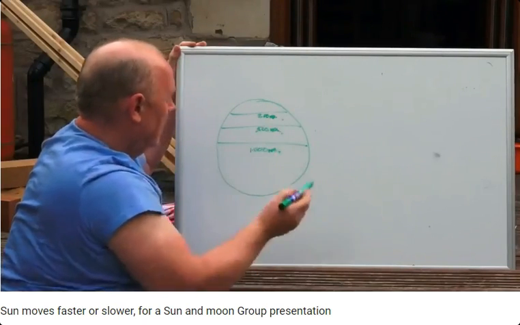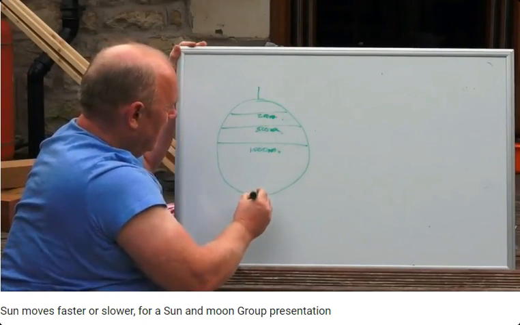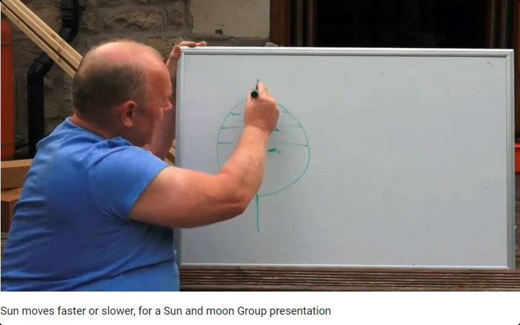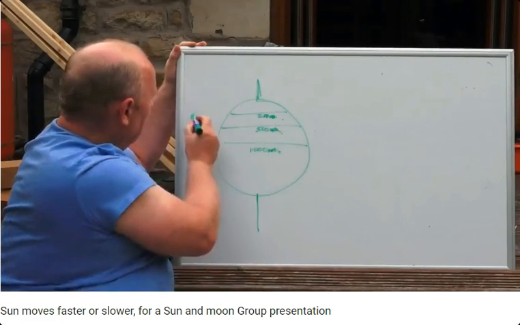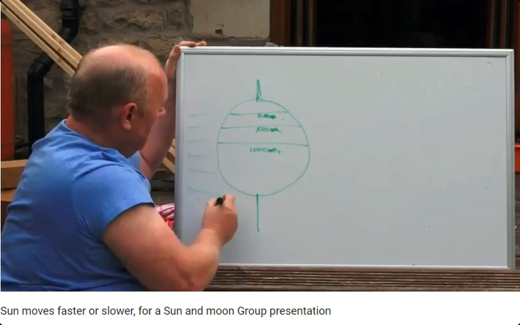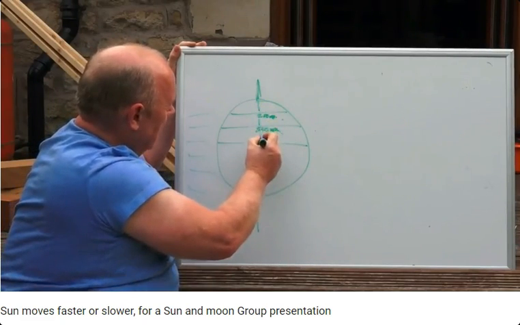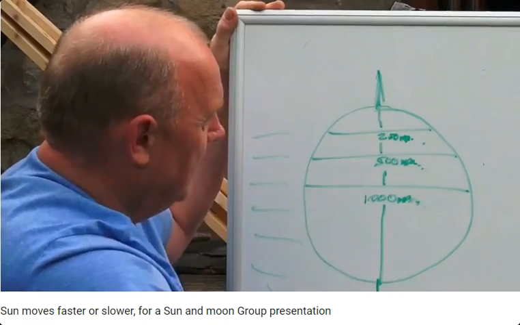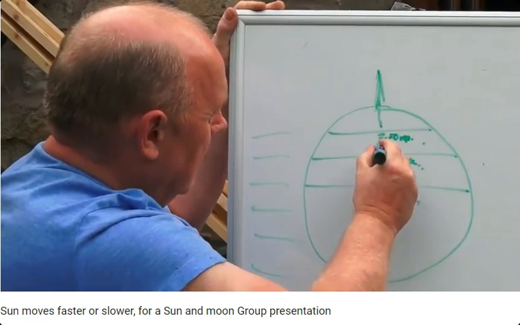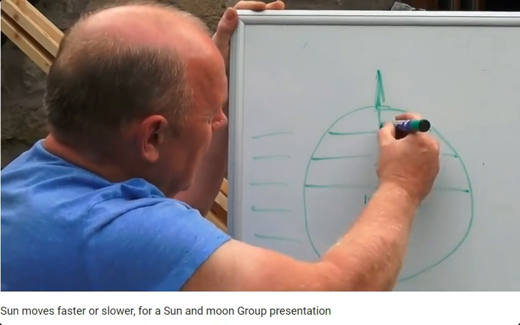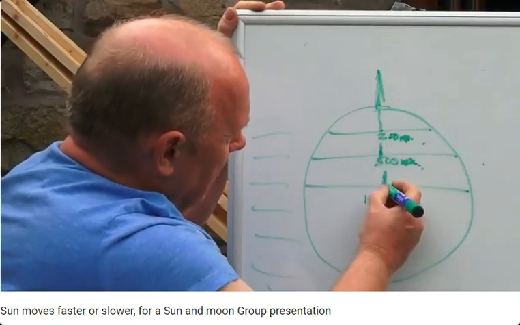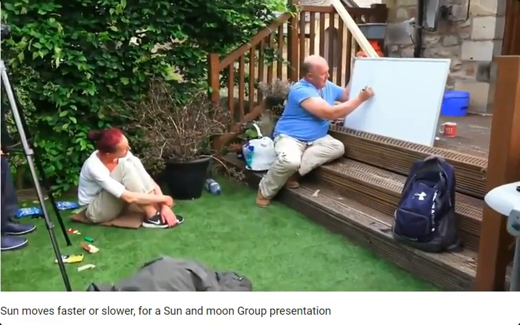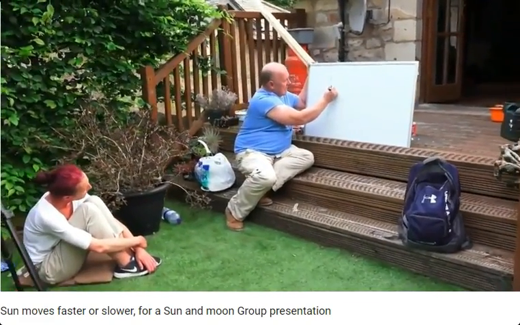So the Earth rotates around that point. The Sun causes a terminator line there. So we've got 3 points where the terminator line is. There, there, and there.